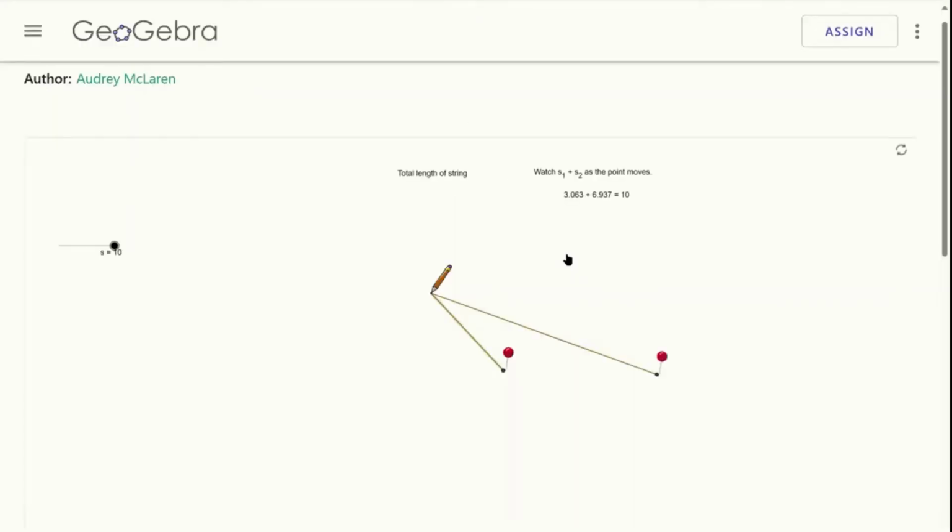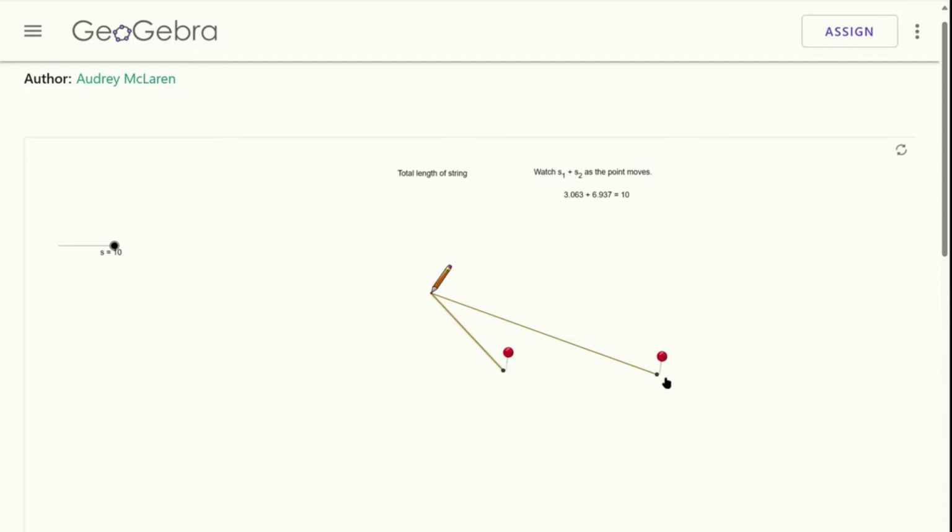Now, in the olden days, we actually did this by hand. So nowadays we can demonstrate it digitally like this, as is done by Audrey McLaren using the great software called GeoGebra. But I strongly recommend that you try this for yourself.